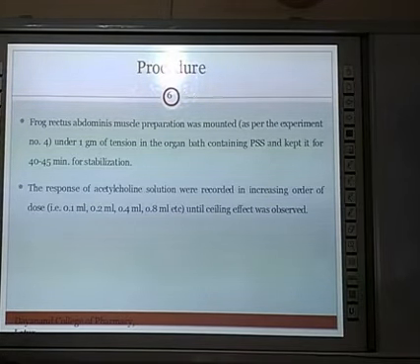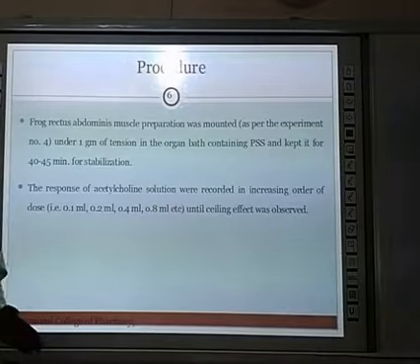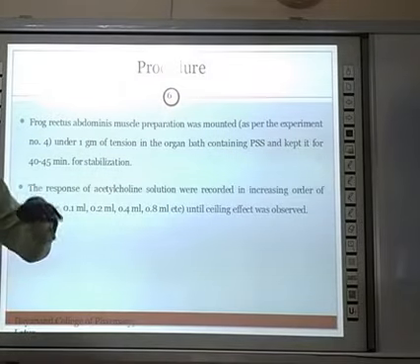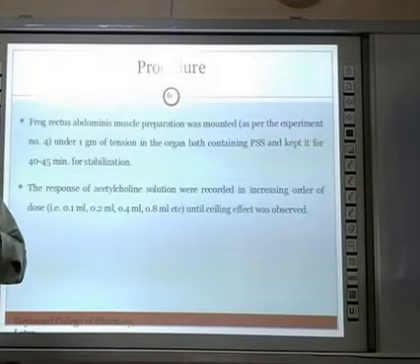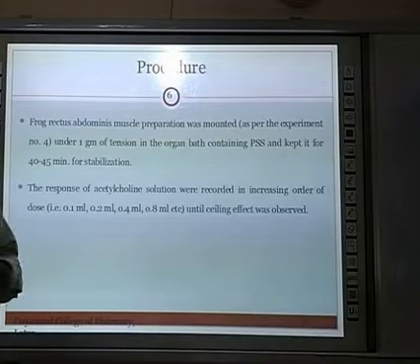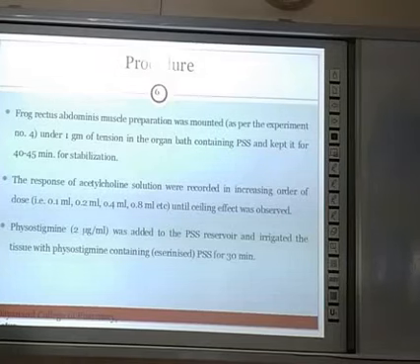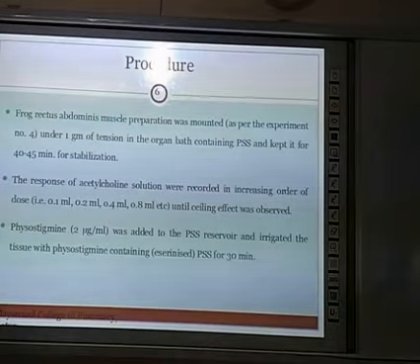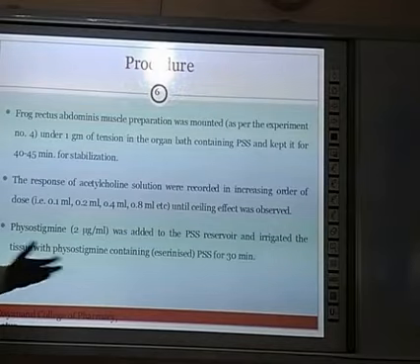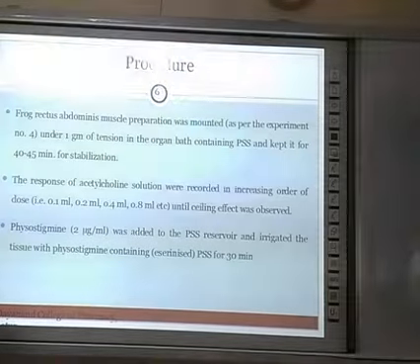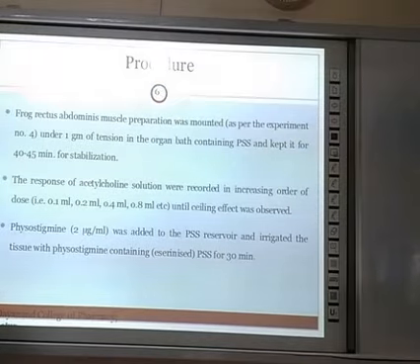Selling effect is nothing but the dose at which there is the maximum response. After that dose, it shows the same response or less than that response, and that we call the selling effect.